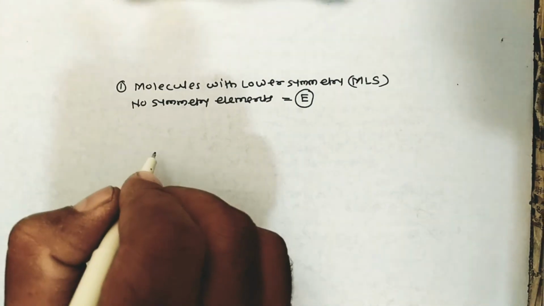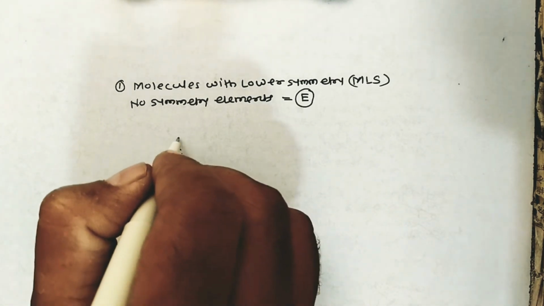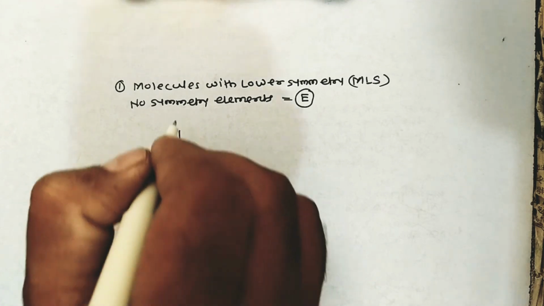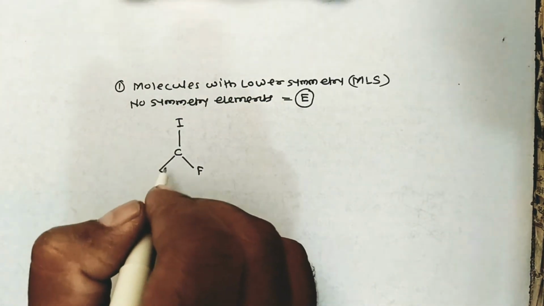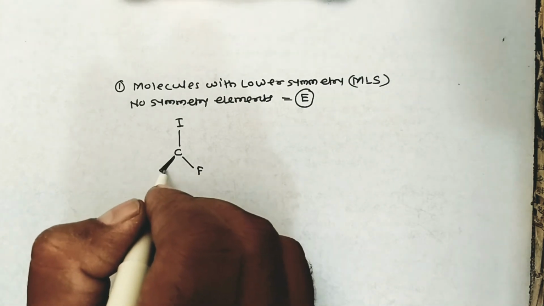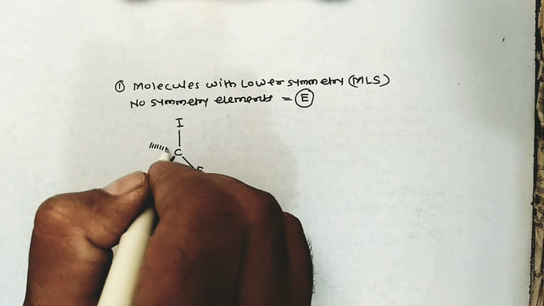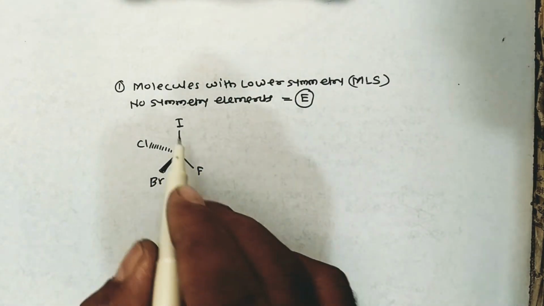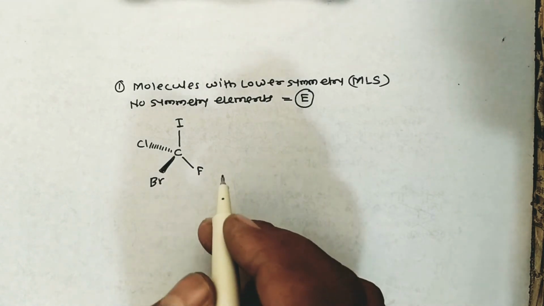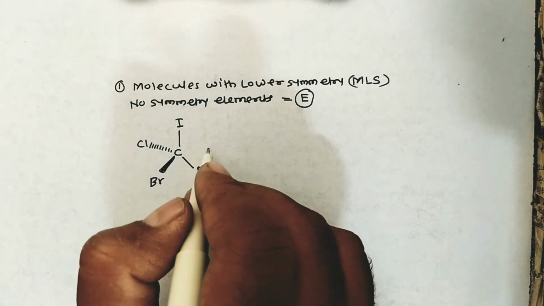For example, a carbon with iodine, fluorine, bromine and chlorine atoms, so mono iodo chloro fluoro bromomethane. It has no symmetry element.